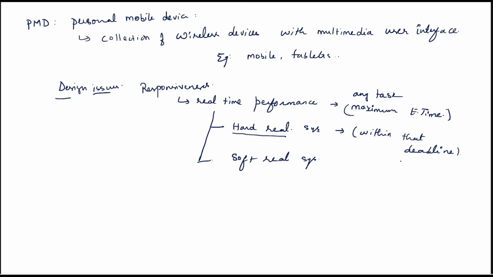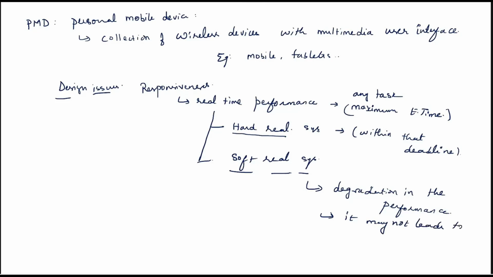Moving on to soft real-time systems. Here it doesn't mean that it must meet the deadline, but it will anyhow be executed. There may be some degradation in the performance. That's the difference. It may be allowed to execute beyond the deadline, and it may not lead to any catastrophe.